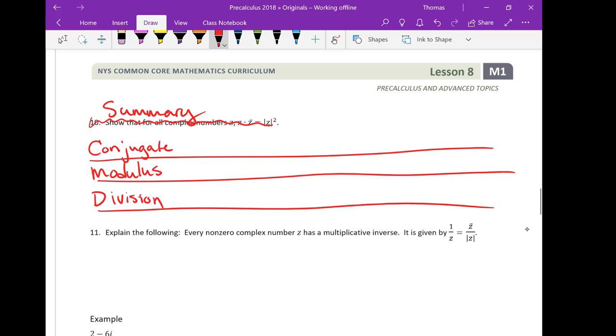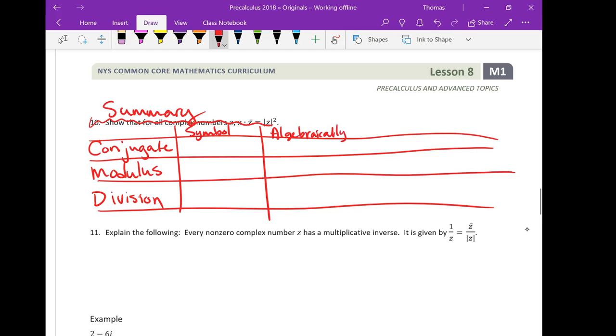We haven't talked about division yet. We're about to. And for each of these, we're going to think about what symbols does it use, what does it mean algebraically, and what does it mean geometrically.